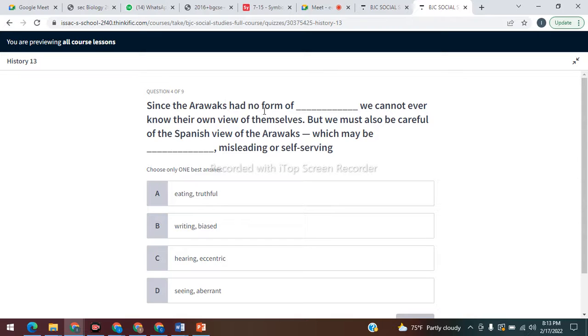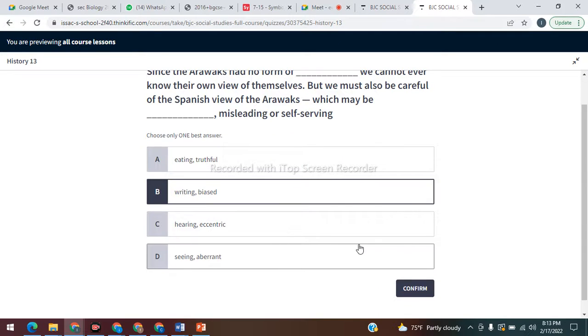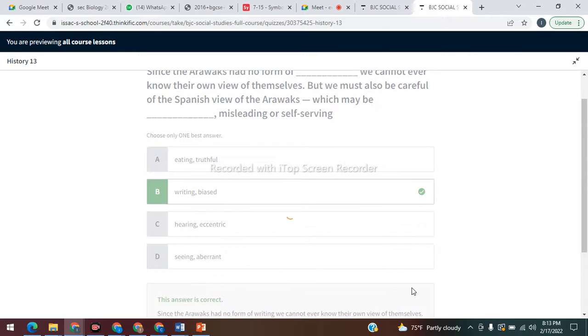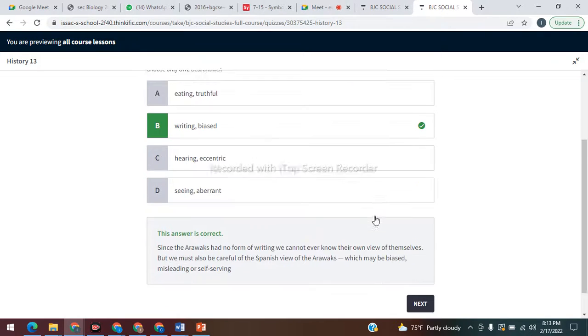Since the Arawaks had no form of writing, we cannot ever know their own view of themselves. But we must also be careful of the Spanish view of the Arawaks, which may be biased, misleading, self-serving. It's B. Good answer.